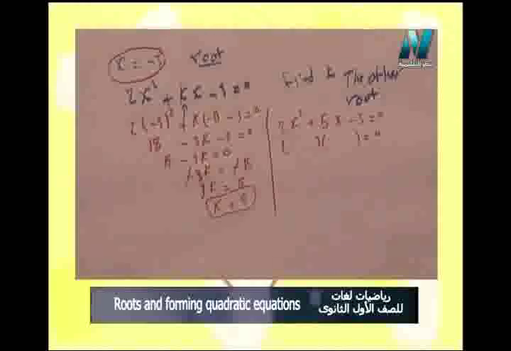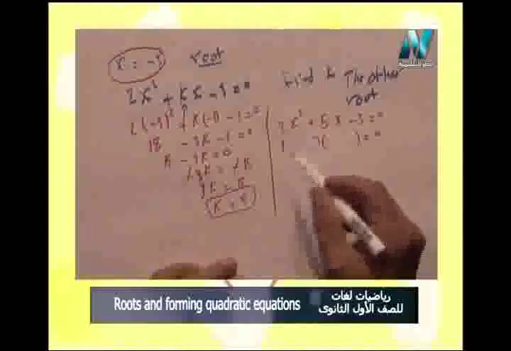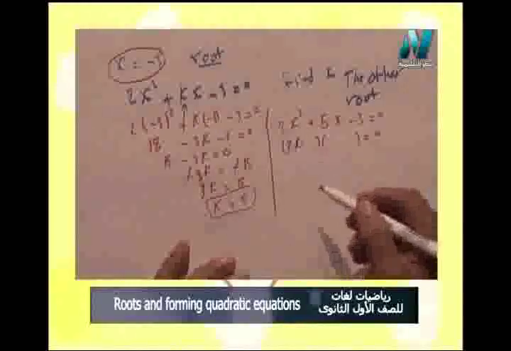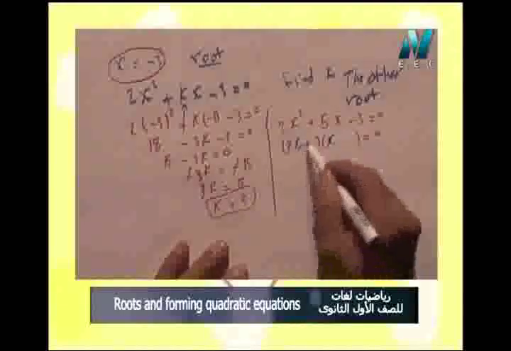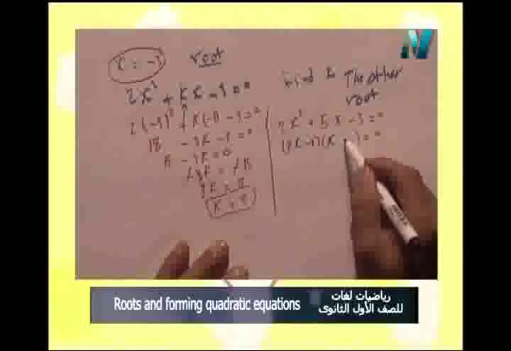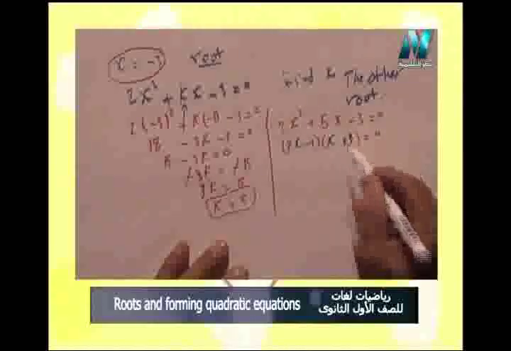We have 2x power 2 will be 2x multiplied by x, and we have here negative 1 multiplied by positive 3.